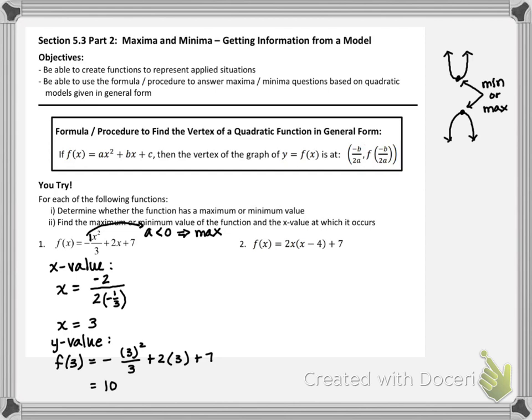I think that's 10. Me too. But plug it in your calculator and make sure I'm not losing my mind. And so the vertex is the point (3, 10).